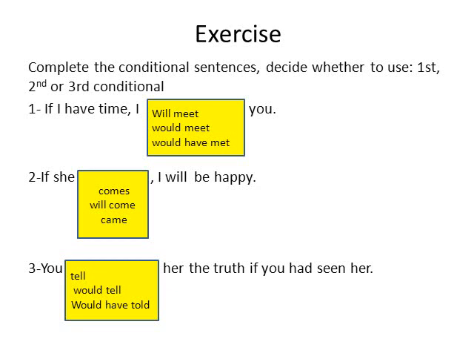Exercise. Complete the conditional sentences. Decide whether to use first, second, or third conditional. Number 1. If I have time, I will meet, would meet, or would have met you. 2. If she comes, will come, or came, I will be happy. 3. You would have told her the truth if you had seen her. 4.